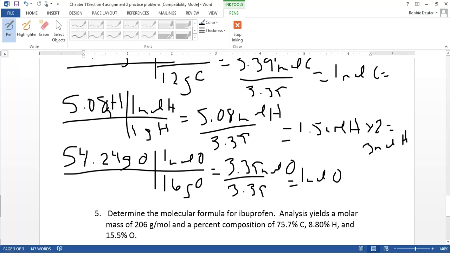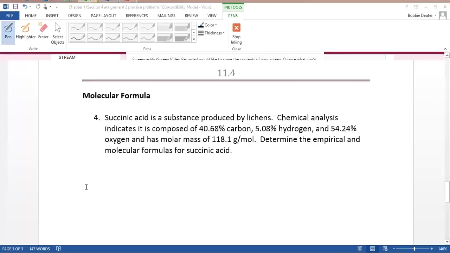Because 1.5 is not a whole number, we multiply that by 2 to get 3 moles of hydrogen. And we have to multiply everything else by 2 as well, giving us 2 moles of carbon and 2 moles of oxygen. So if we write this completely out, and I'm going to have to give myself a little bit more room here because I didn't leave enough space, so we're going to arrow this down just a little bit more.